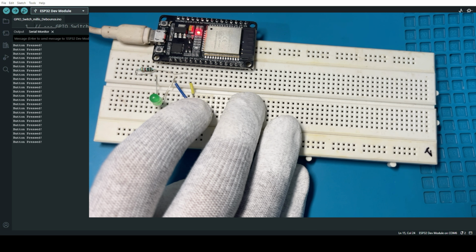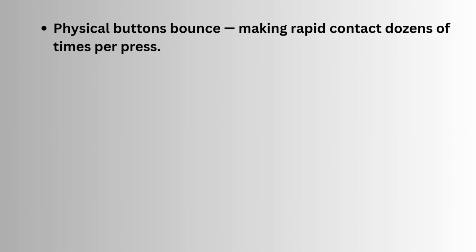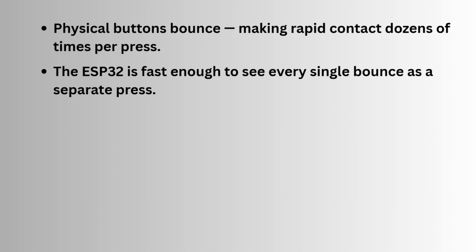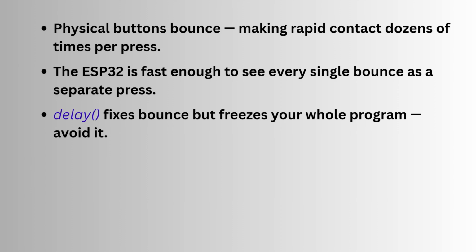Clean, reliable every time. Now here is what to remember. Physical buttons bounce, making rapid contacts dozens of times per press. The ESP32 is fast enough to see every single bounce as a separate press. Delay fixes bounce, but it freezes your whole program, so avoid it.